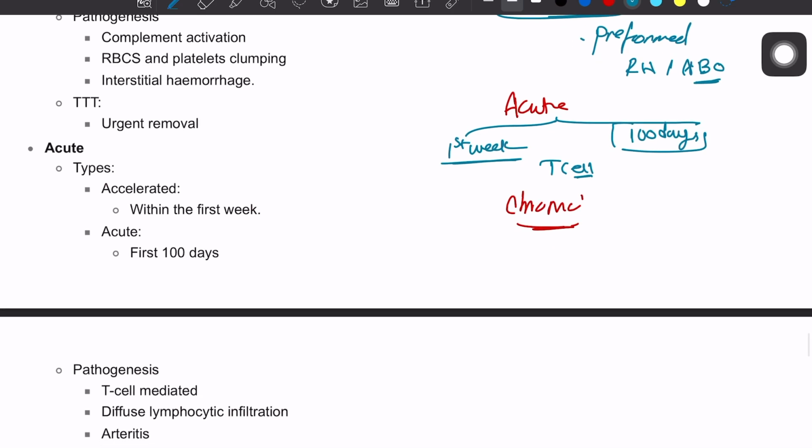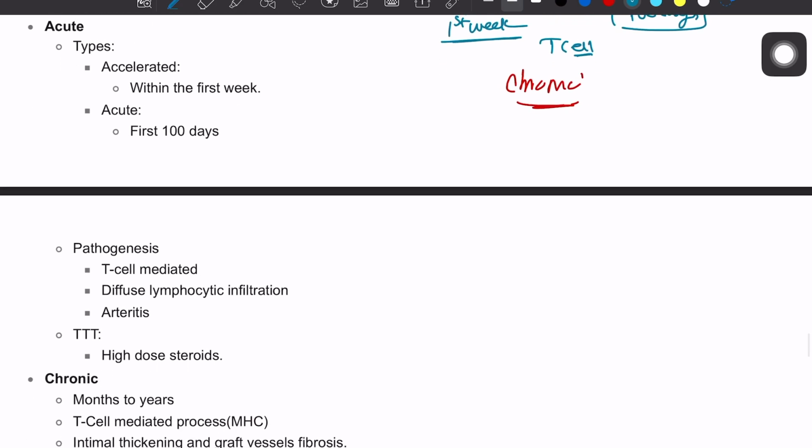The treatment will usually be high dose steroids. Chronic graft rejection happens from one month to a year, and it's usually due to intimal thickening of the vasculature, or the blood supply to the kidney, and consequently will lead to fibrosis.